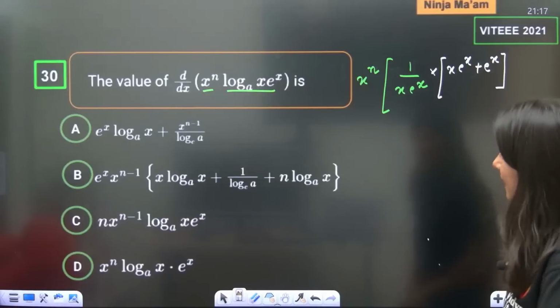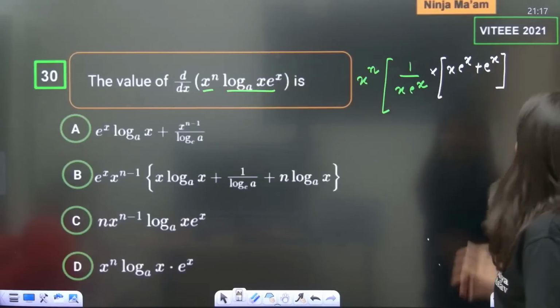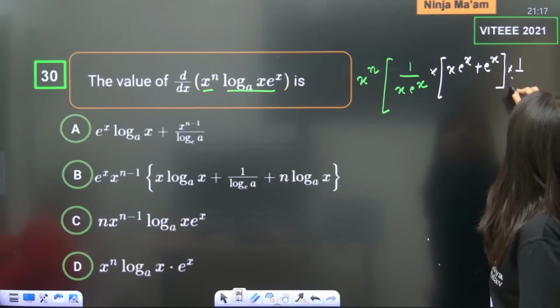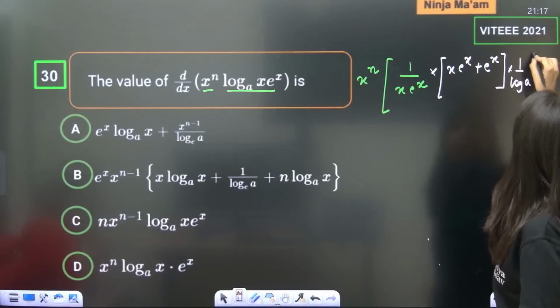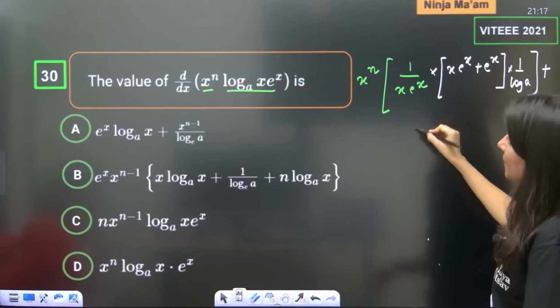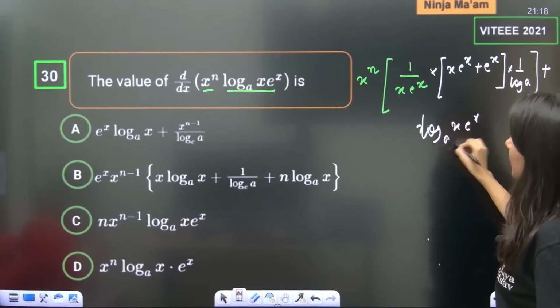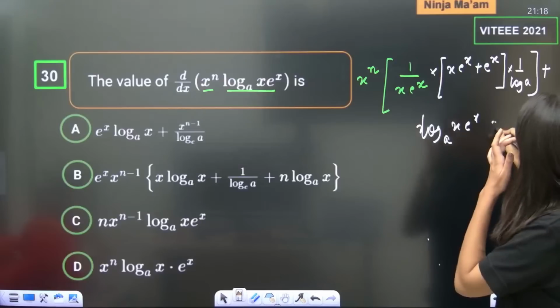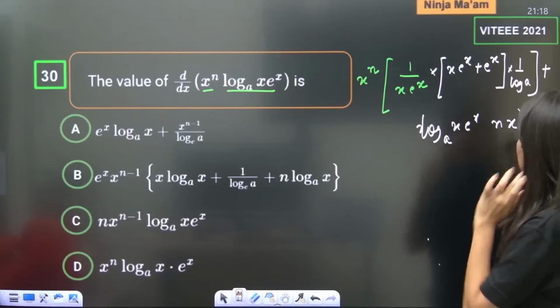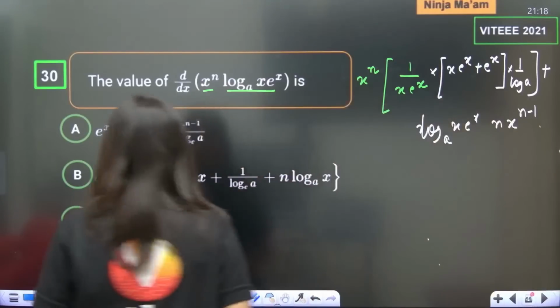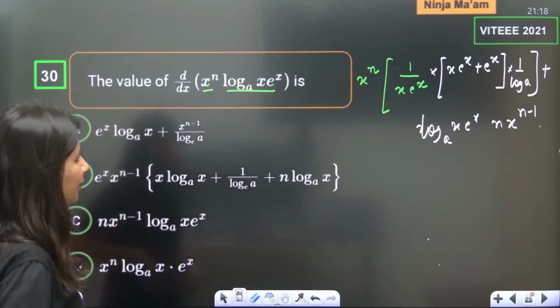And obviously there is log a. So you need to multiply it with 1 upon log a. Plus this time you keep log of x e power x to the base a constant, and this is going to become x power n minus 1. Okay, all right, yes.